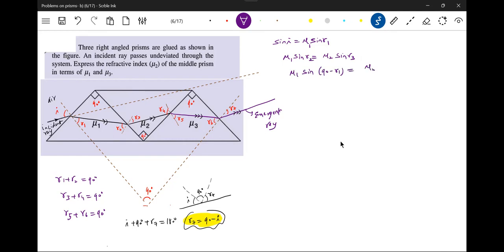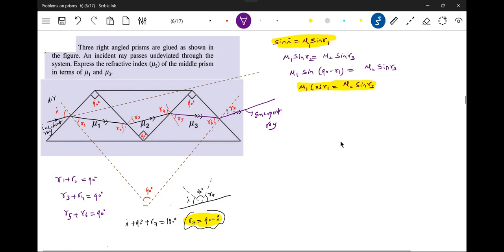R3 I'll keep as it is. This is one equation. Next equation is this one. Mu1 cos R1 equal to mu2 sin R3.